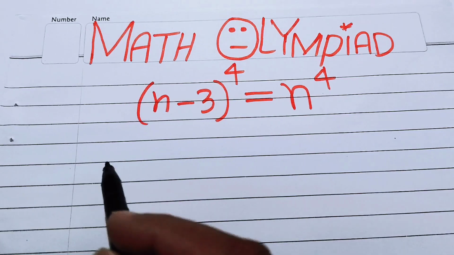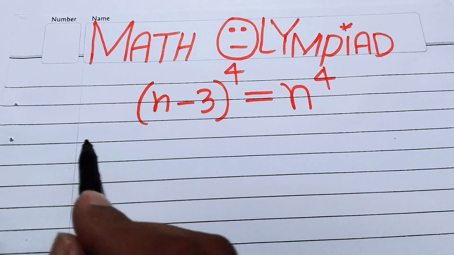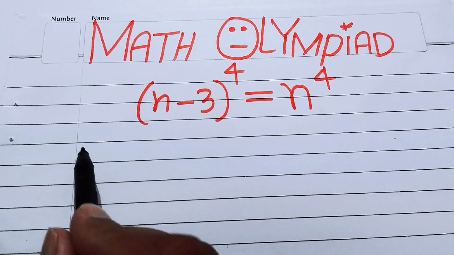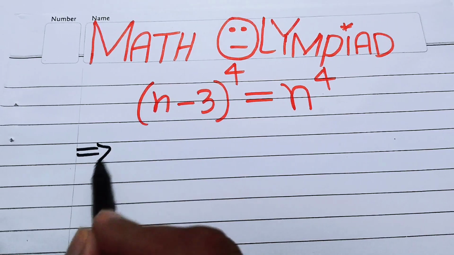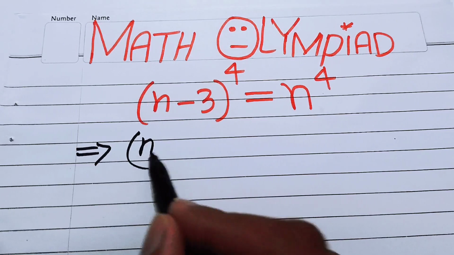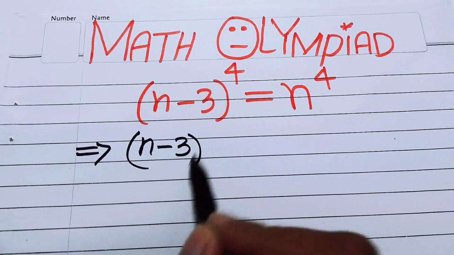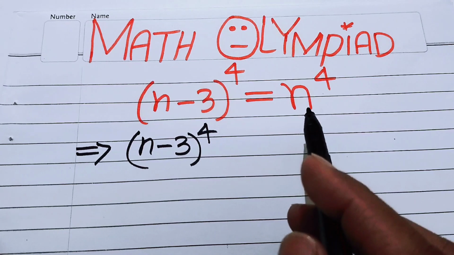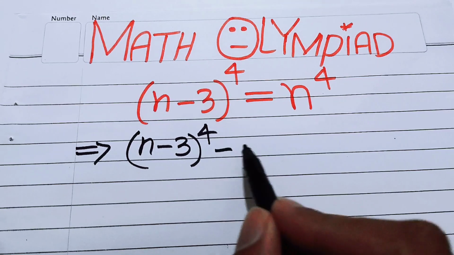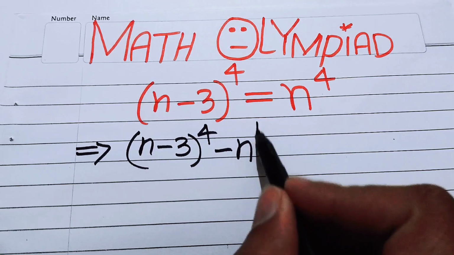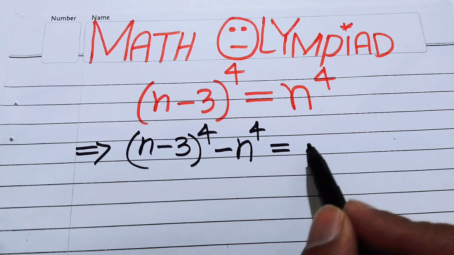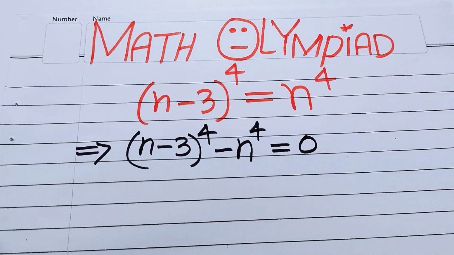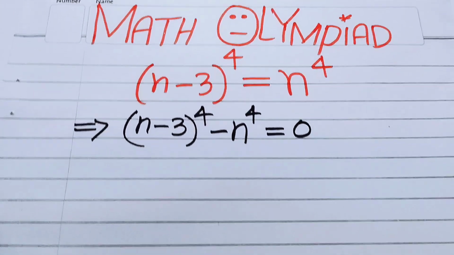So the very first thing we are going to do is rewrite this equation as (n minus 3) to the power 4, and we move this n to the power of 4 to the left hand side, and we write minus n to the power of 4, and this whole equation equals 0.